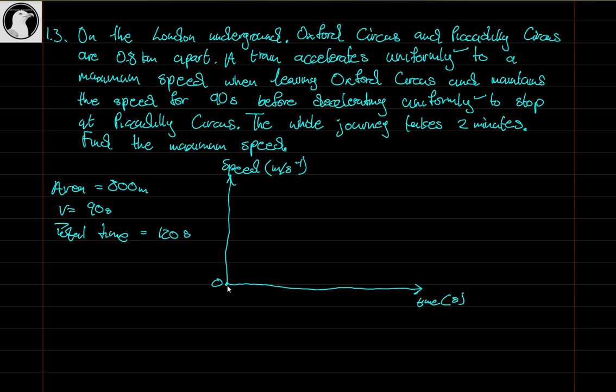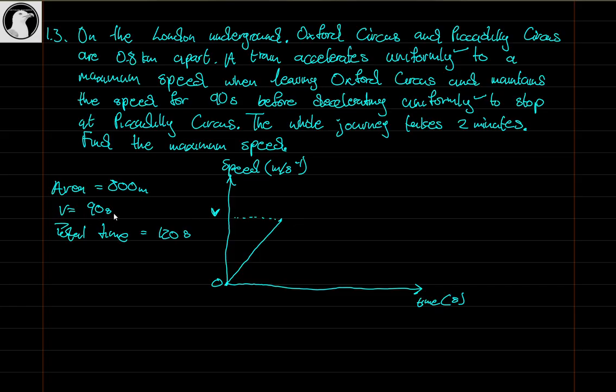So it accelerates uniformly to a maximum speed. We don't know the speed, we're not told, so let that speed be our V. And what else do we know at V?